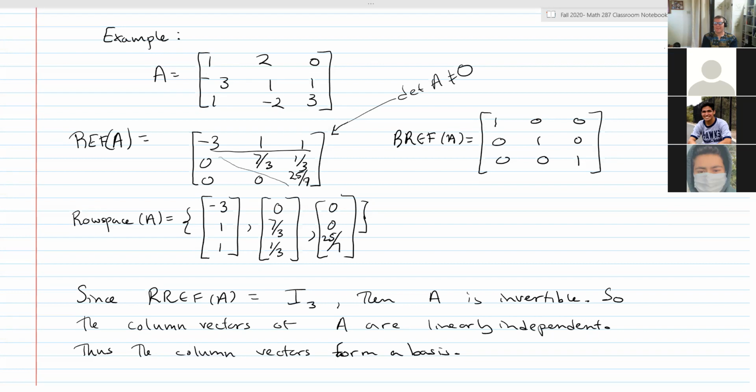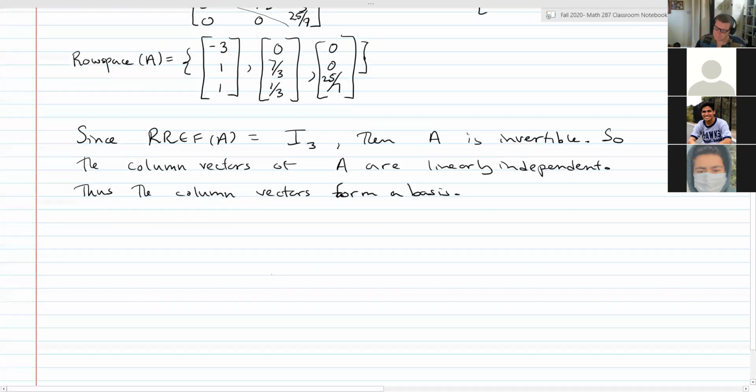Yeah, they're going to span R3. And there are a bunch of reasons why. One, there are 3 of them, and there are 3 linearly independent vectors in R3. So let's write this down. There are 3 linearly independent vectors in R3.